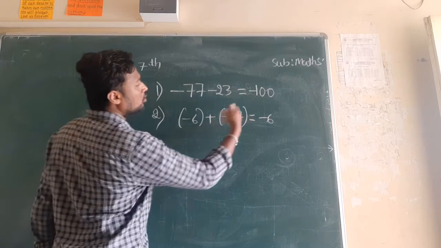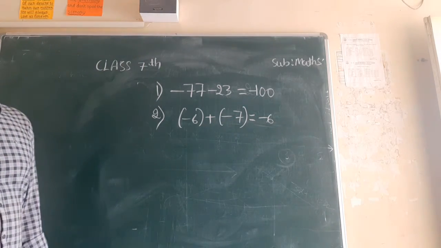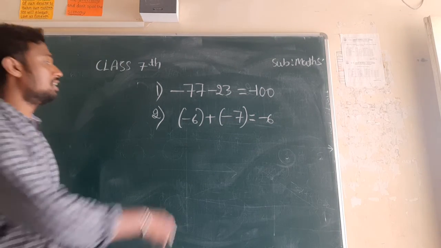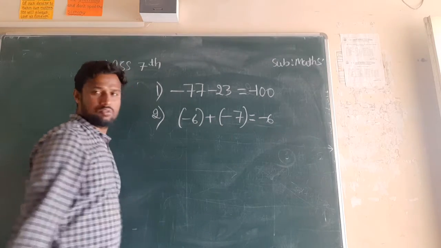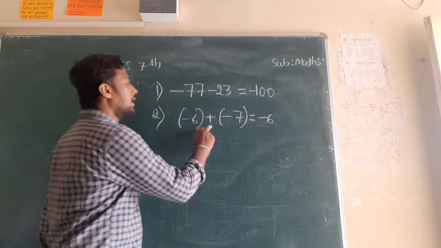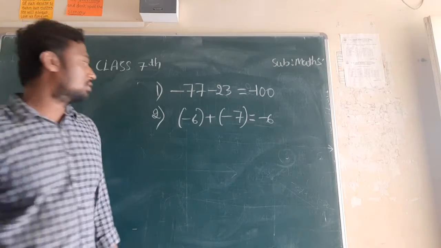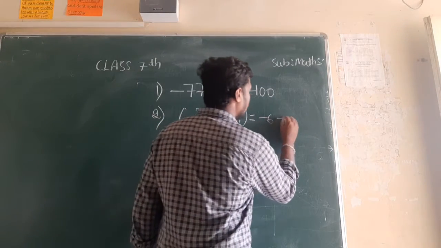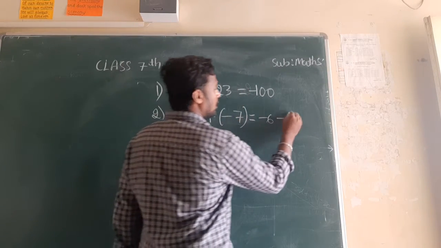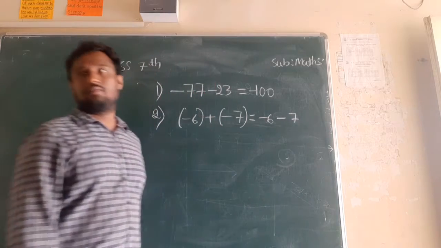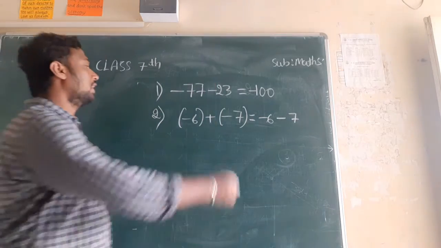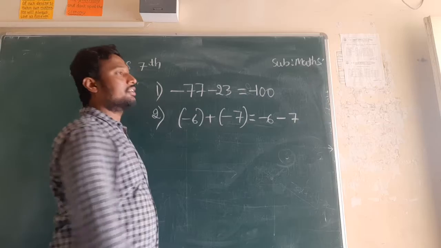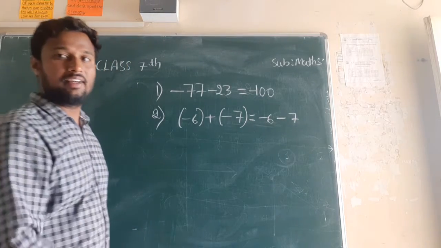And here plus into bracket minus 7. So what we have to do in this situation is just multiply these two symbols. Okay. So plus into minus means what you will get? Minus. So plus into minus means minus. So directly I will write minus, and 7 I will write as it is. So if you get any sign outside this bracket, just multiply that and write it as it is.